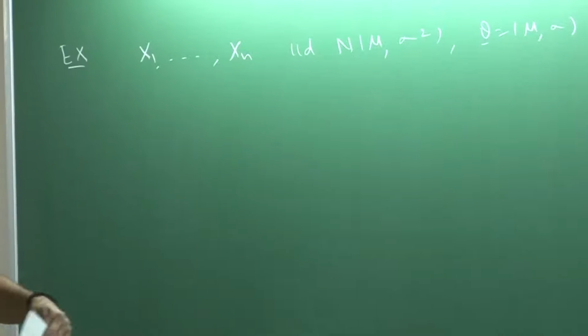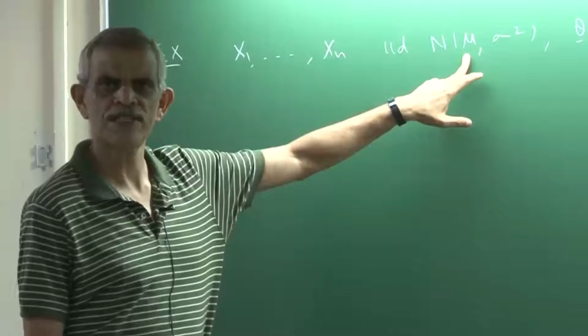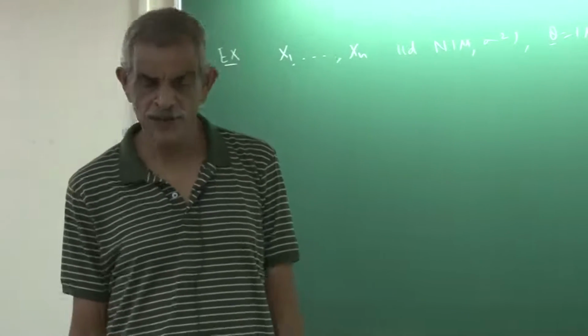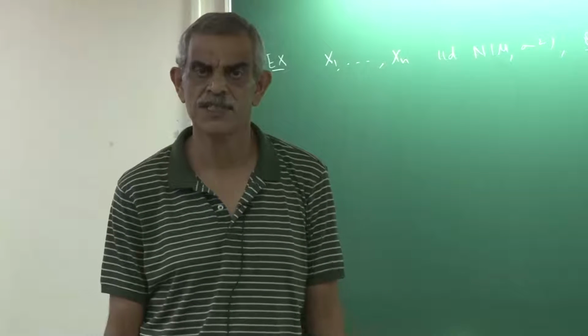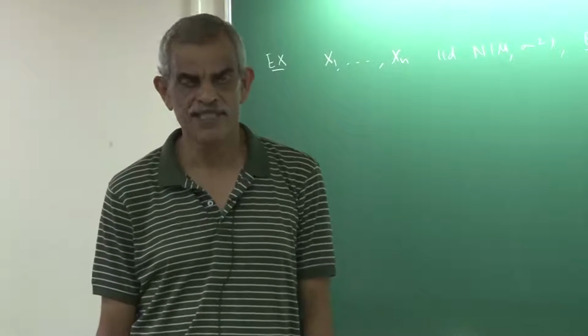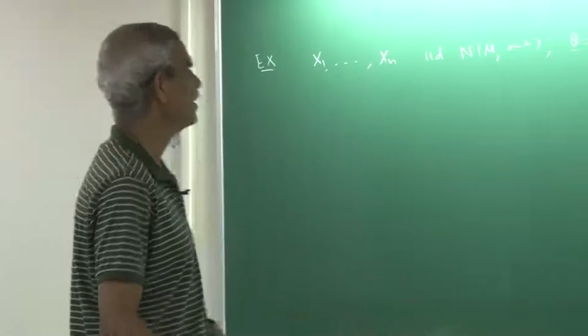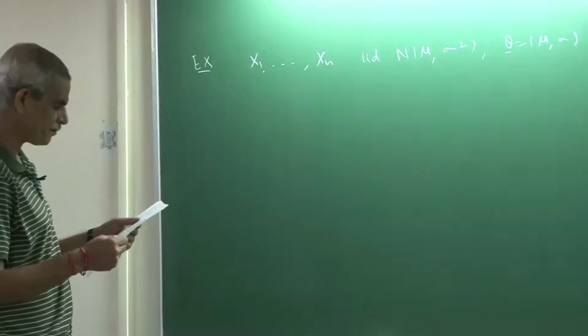Last time we considered an example of estimation of mu with respect to a general location-affine invariant loss function, W of (a minus mu) by sigma. And we saw that even for such a general loss function, the best affine invariant estimator of mu would be x bar. Now let us take the invariant estimation of sigma square.